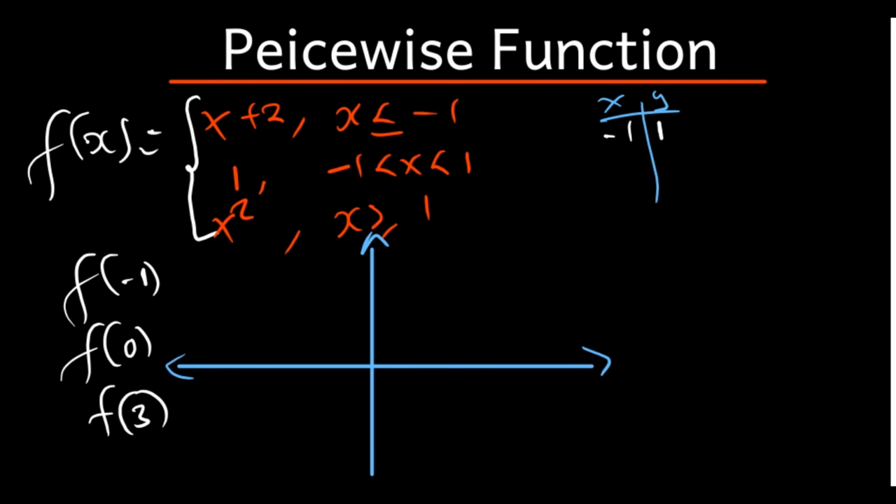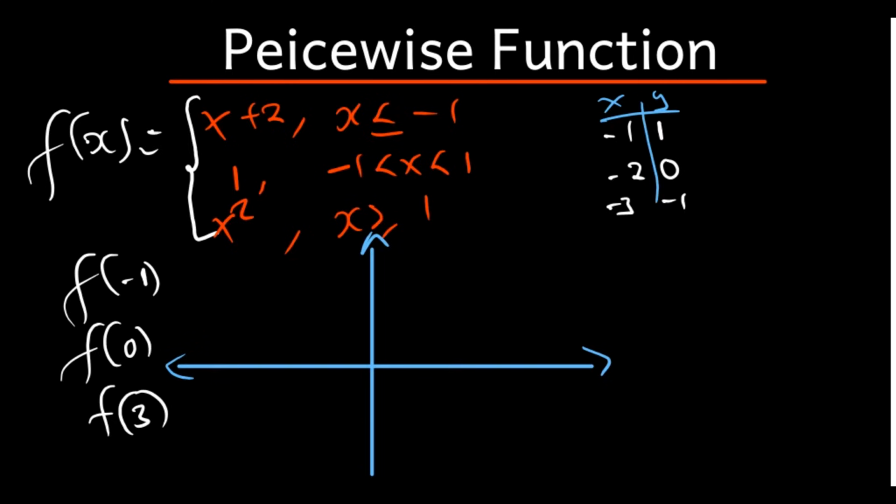Then if I put -2, it's going to be -2 plus 2, which gives me a 0. So I'm just going to get three values of x. Then let's also put -3. If I put -3, I'm going to find -1. Now from here I'll go to my graph.